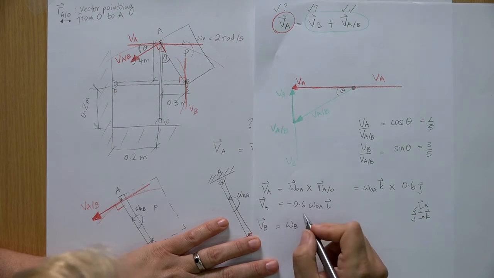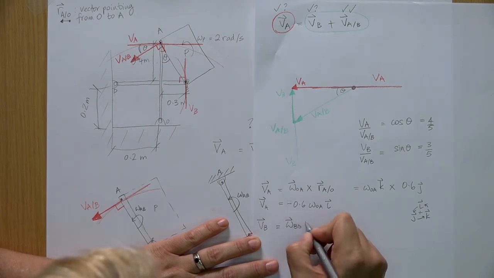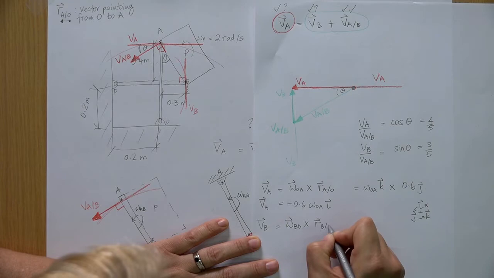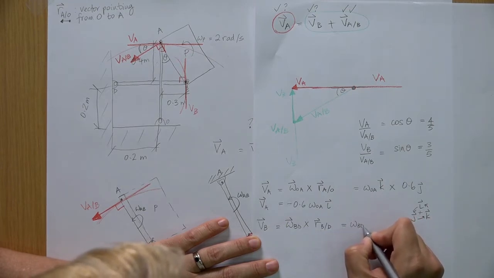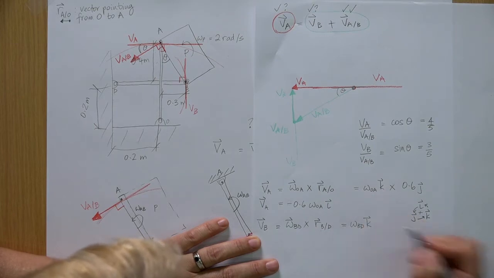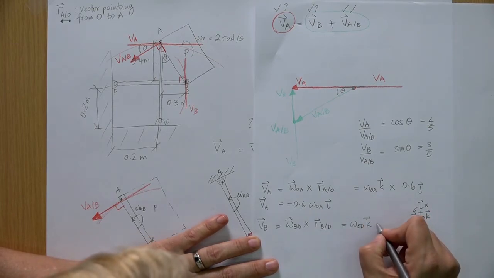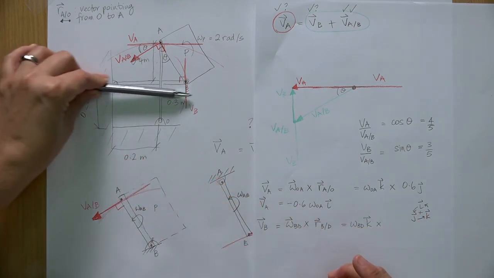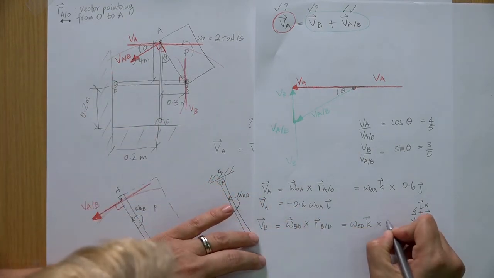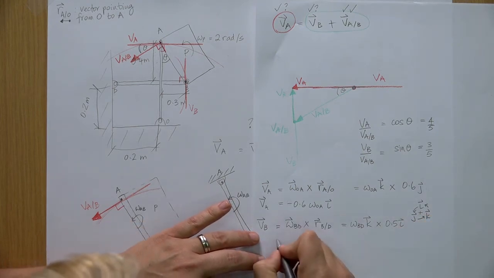VB equals omega BD crossed with R B relative to D. So that's an unknown magnitude in a known direction, omega BD K, crossed with from D to B 0.5 in the positive I direction.